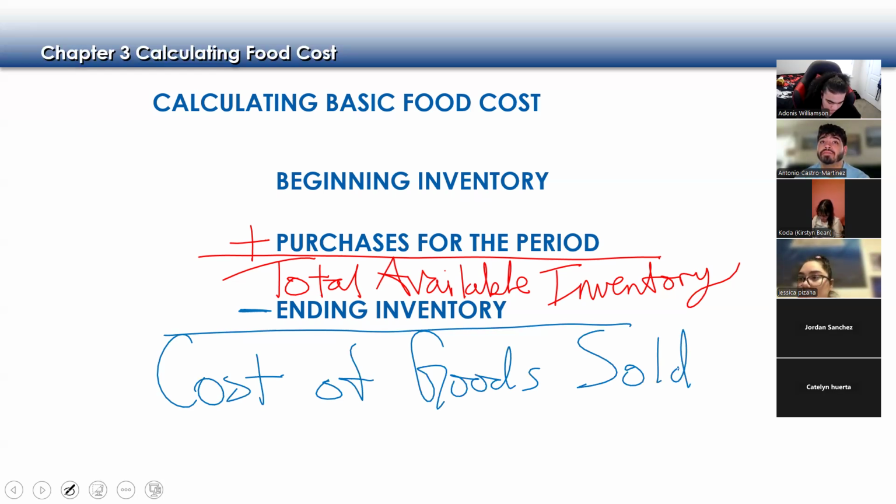Cost of goods sold. So all the sales, all the money that we brought in, okay, this tells us how much the ingredients cost to make all of that food. Okay. It could be food, it could be beverages, whatever. But that's the cost of our goods sold.